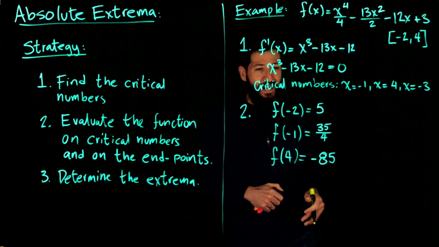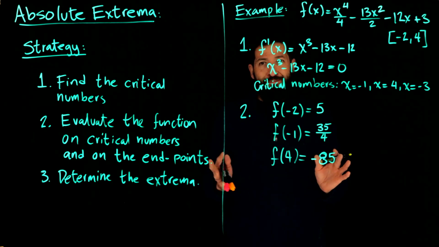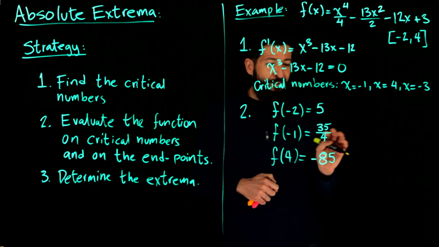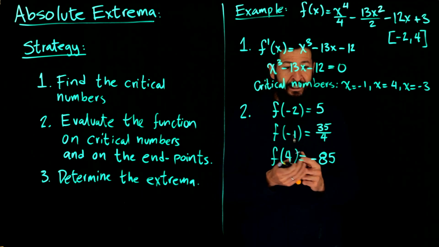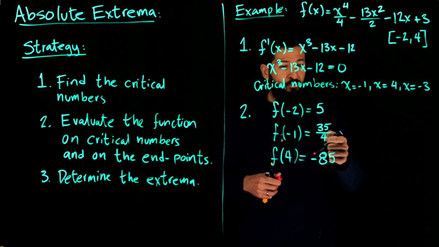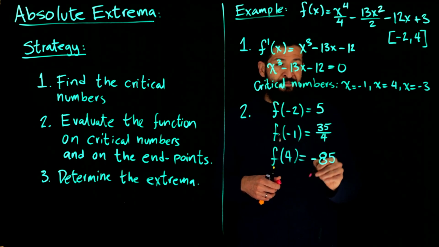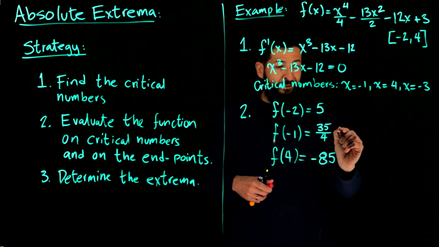Okay, so after putting this in the calculator, and please verify my numbers because I did it in my head, so maybe, maybe not. But the point is here, we're getting 3 different numbers. 35/4, which is going to be larger than 5, is going to be my absolute maximum.